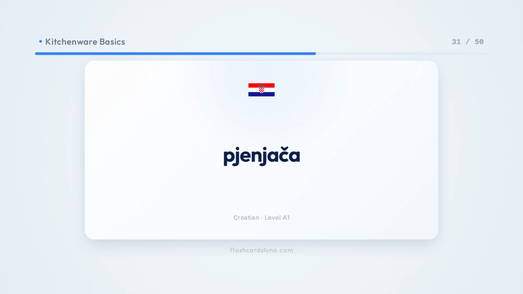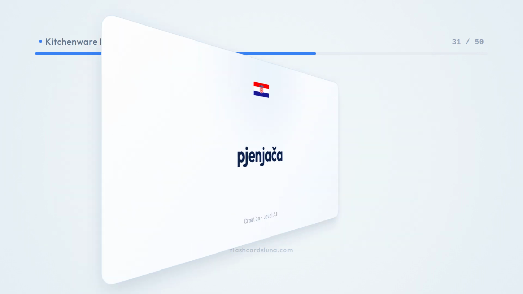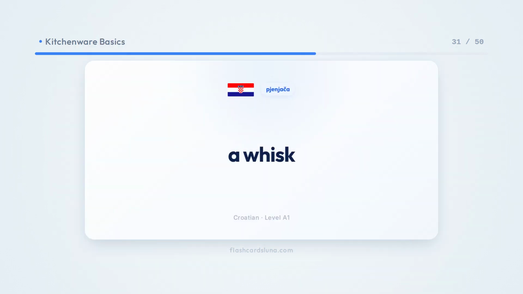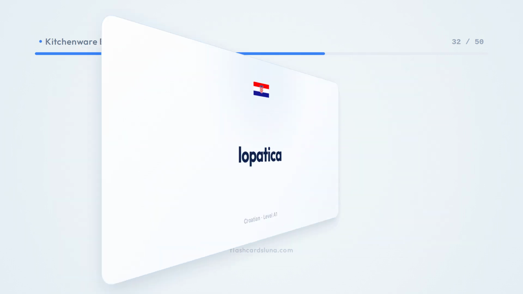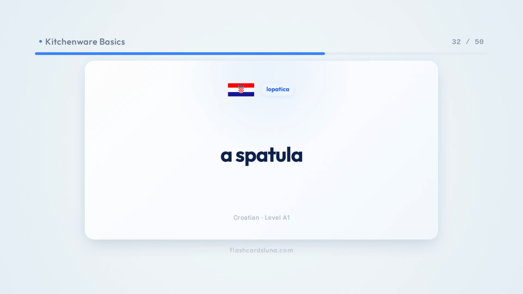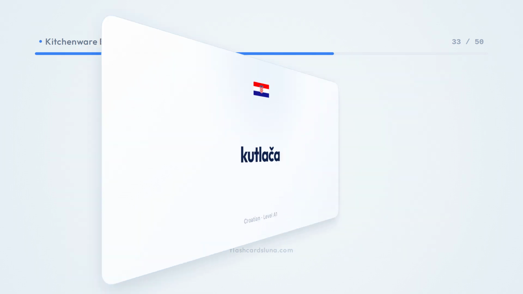Pjenjača. A whisk. Lopatica. A spatula. Kutlača. A ladle.